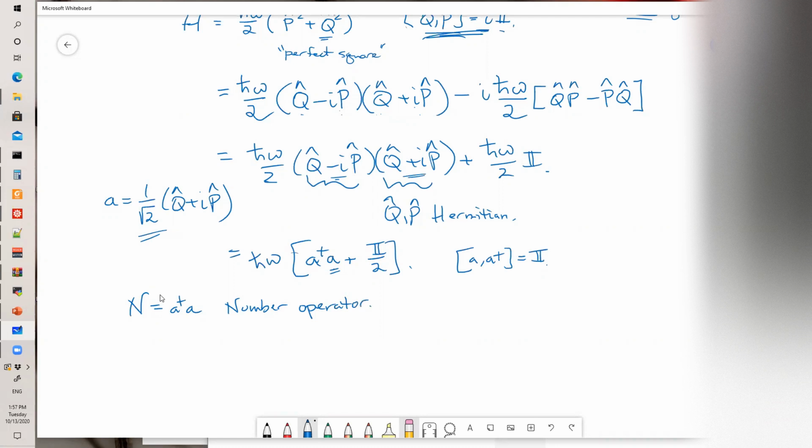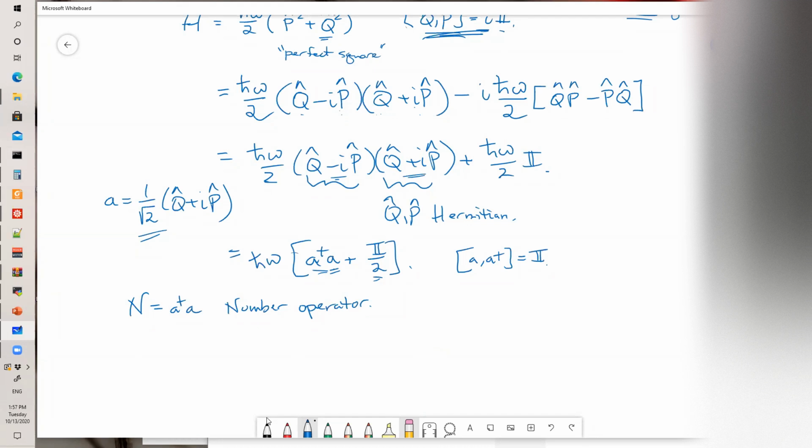But since this is the identity, if we figure out how to diagonalize n, if we find its eigenvalues and eigenvectors, we'll automatically have the eigenvalues and eigenvectors for h, because h is just a constant times n plus some other constant times the identity.